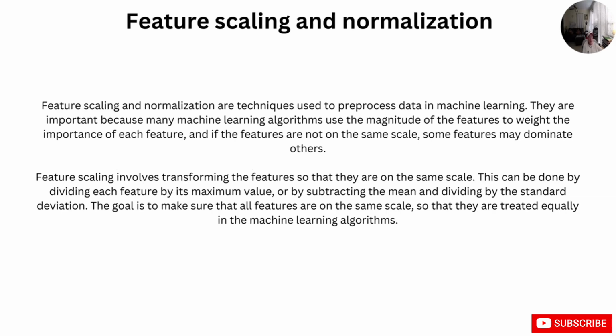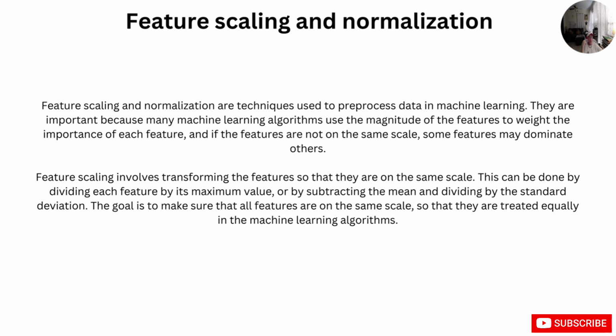Feature scaling and normalization are techniques used to pre-process data in machine learning. They are important because many machine learning algorithms use the magnitude of the features to weight the importance of each feature. And if the features are not at the same scale, some features may dominate others.